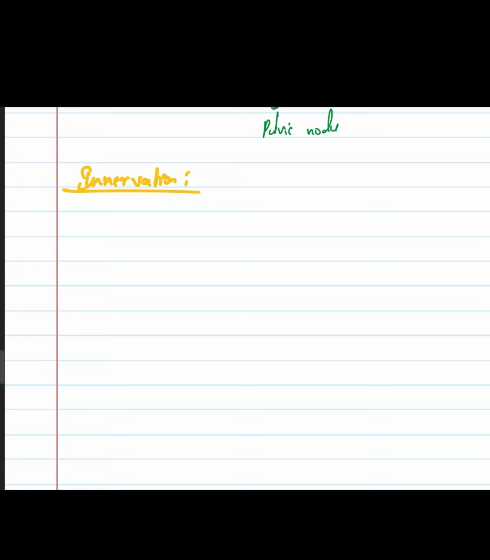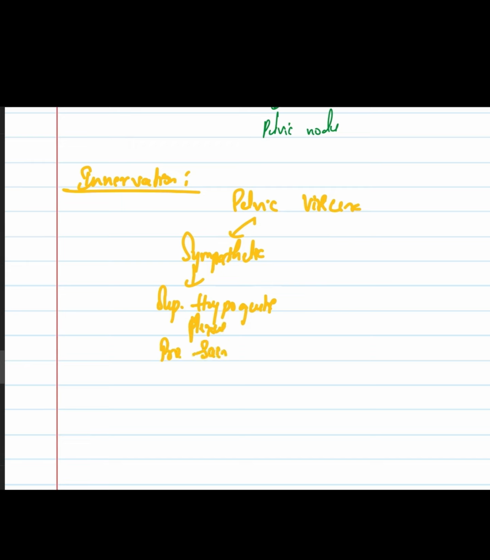Whatever viscera are covered by this peritoneum are known as pelvic viscera. Any viscera will have sympathetic and parasympathetic supply. Sympathetic is by your superior hypogastric plexus, that is your presacral nerve, T10 to L2.